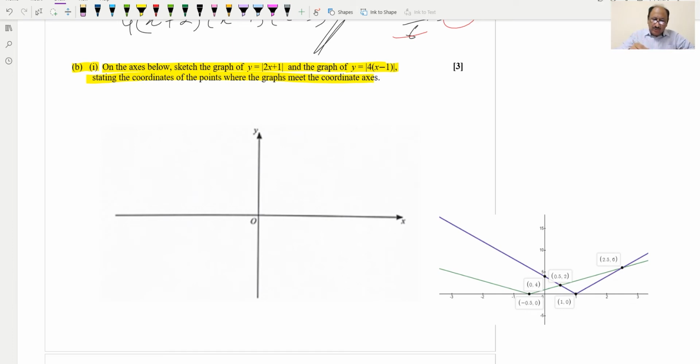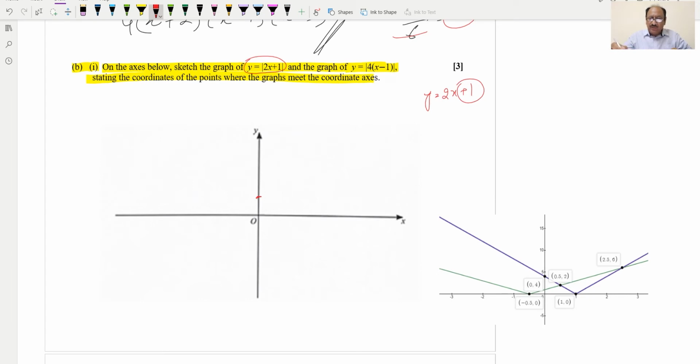We can draw. So first of all we will be taking this line which is y equal to 2x plus 1. The y-intercept is 1, so 1 will be over here, and the gradient is 2.